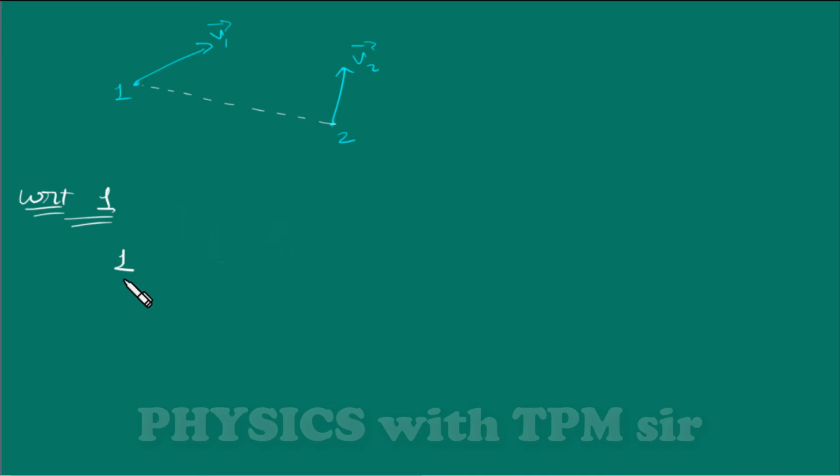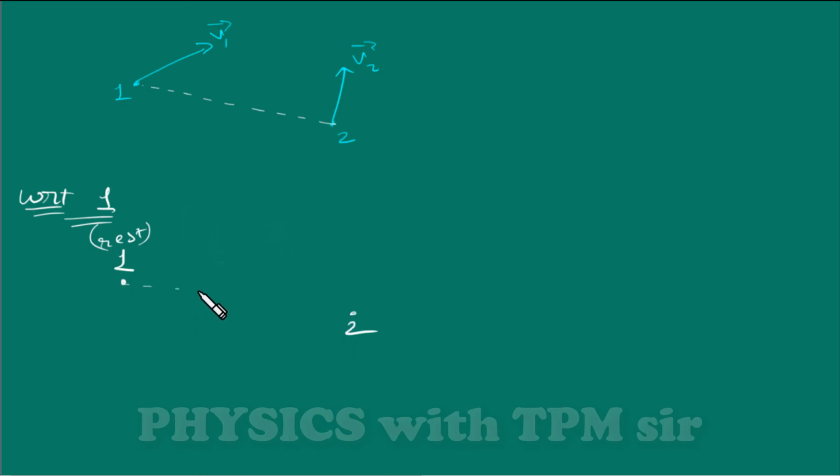So now 1 has come to rest. If we ask 1 what his velocity is, he will say 0. Now we know that 2 and 1 are going to collide. Here is 2.